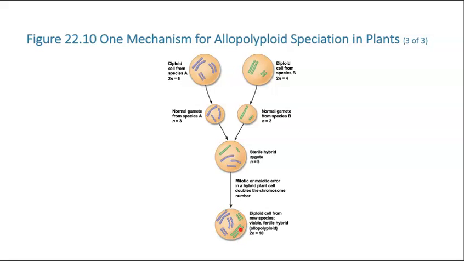In this case, the homologues are exactly the same because they used to be sister chromatids. They're just now unattached from each other. And so now this cell has a 2n number of 10, and because it's got its homologue there, it can go through normal cell division, and it can be basically a whole new species.